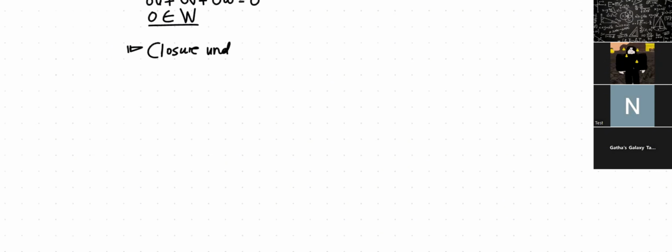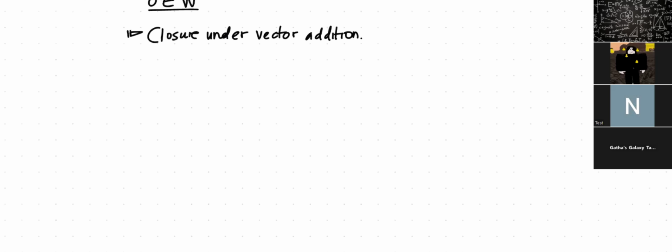Okay, the condition number 2, closure under vector addition. For this condition, we take two vectors, A and B, from W. Okay, the vector A is C1U plus C2V plus C3W.